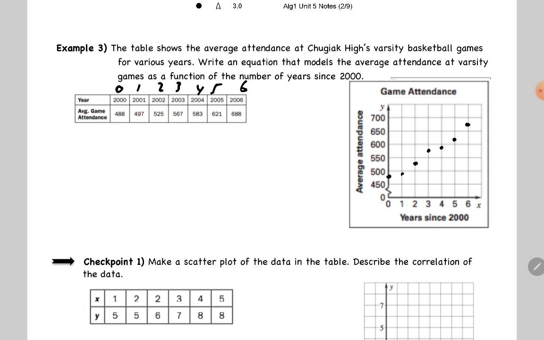So let's say I wanted to choose this one here, which is 1, 497. Okay, the 2001. And let's choose here. If you would connect the dots and create a line there, so let's do that.